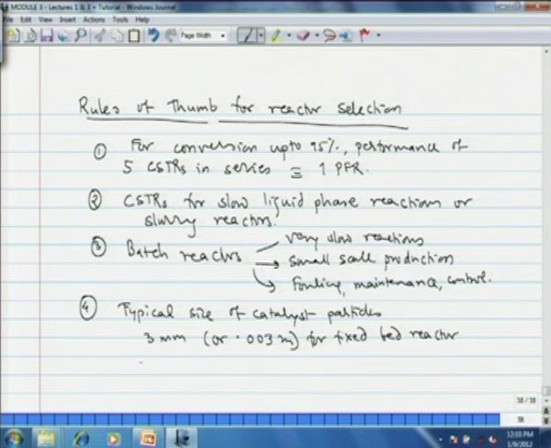Then for slurry reactors, 1 mm size. And for fluidized bed reactors, 0.1 mm.